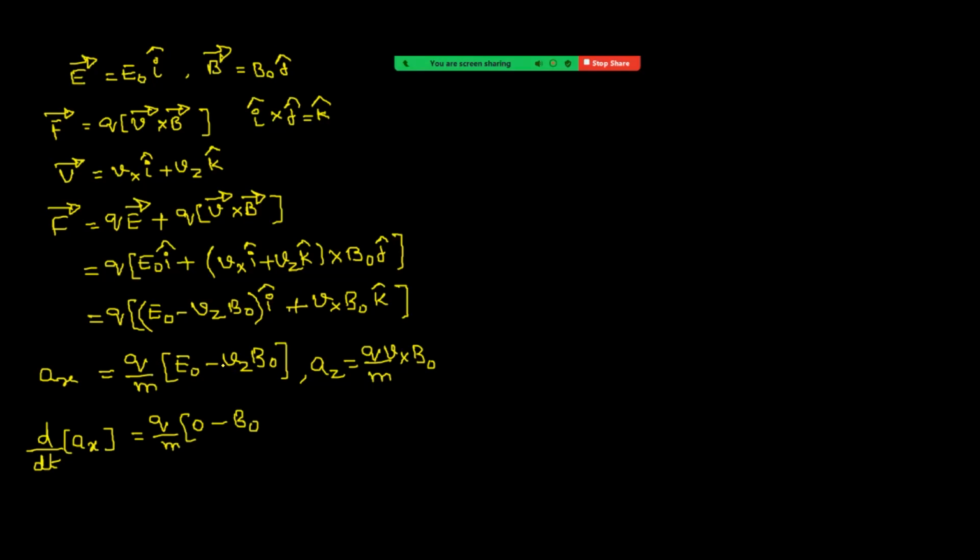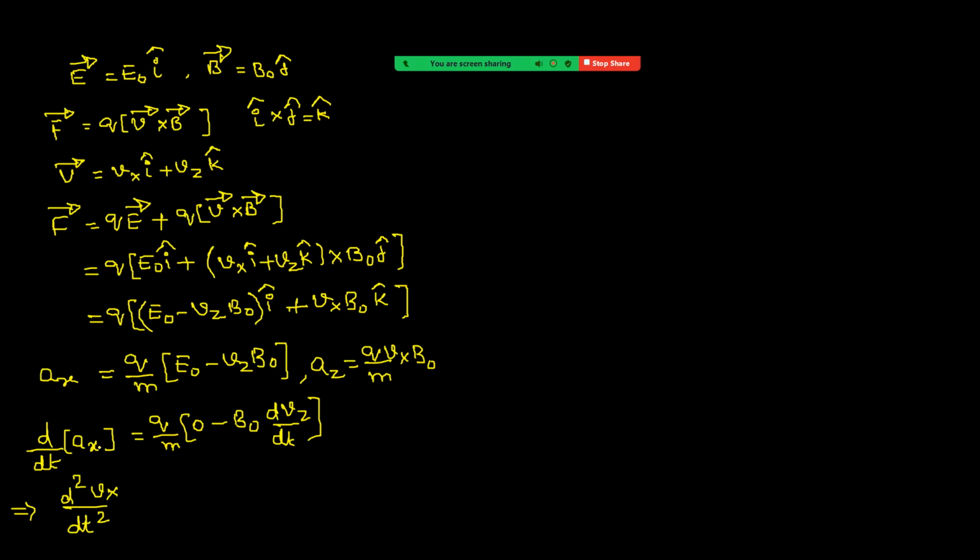That becomes Az, that is dVz by dt. Cross check once. So this is nothing but d square Vx by dt square.